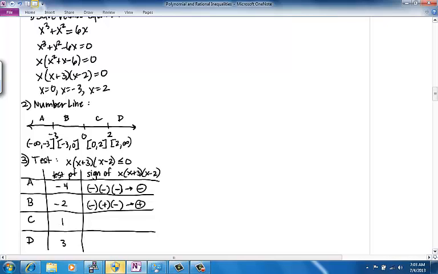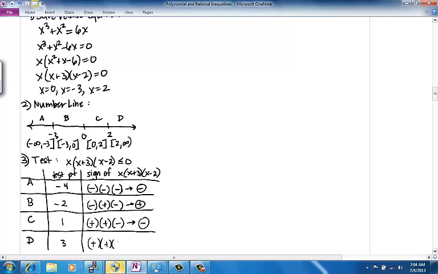Now when we move on to interval C and pick a test point like x equals 1, x will be positive, x plus 3 will still be positive, x minus 2 though is negative. A product of 2 positive and 1 negative factors is negative. And then interval D, if we pick a value like 3 or anything else in interval D, x, x plus 3, and x minus 2 will all be positive.